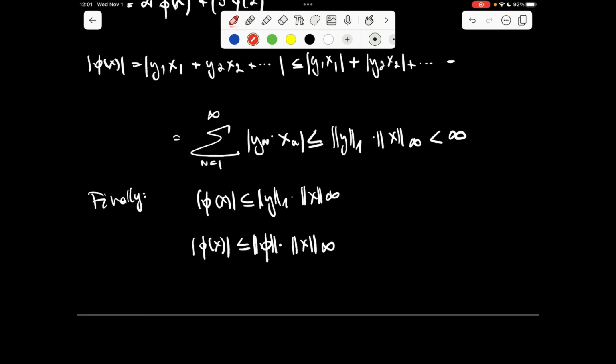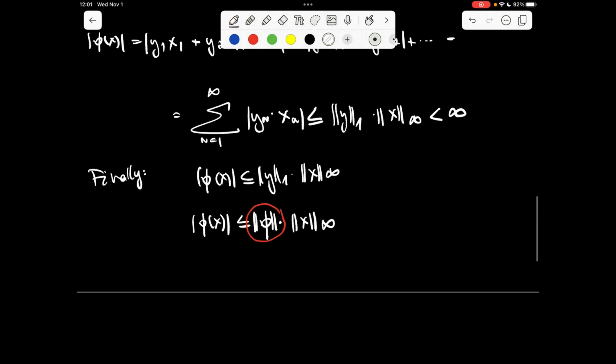But please note that of all the possible numbers for which this inequality holds, this is the smallest number, so the norm of the linear functional. This is the consequence of the fact that this inequality holds.